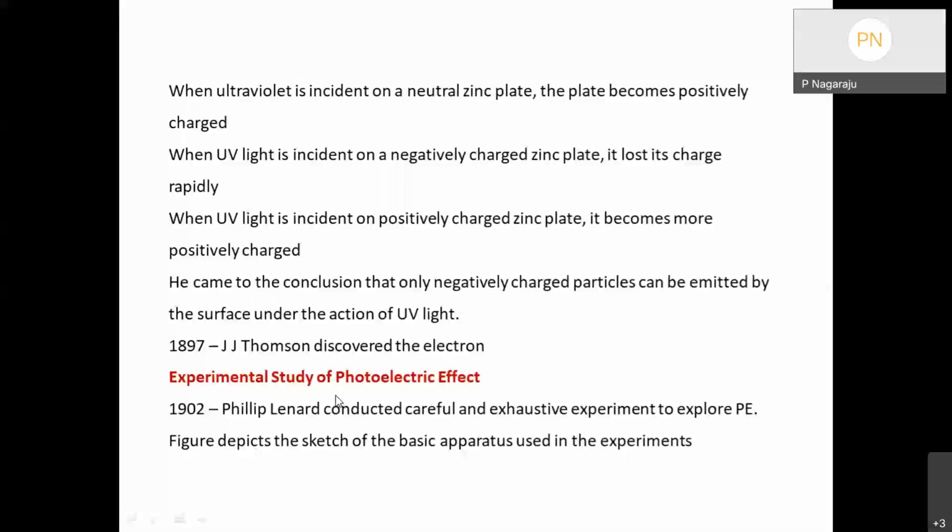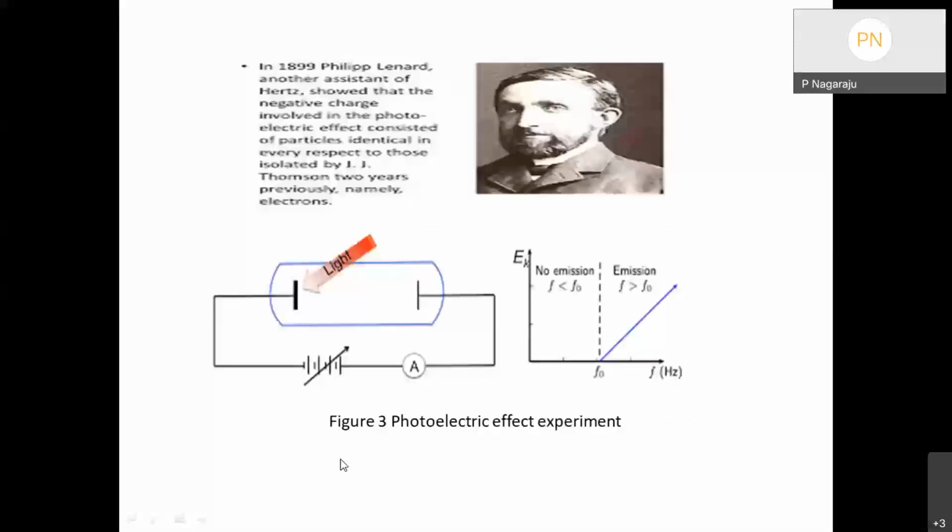And now let us come to the experimental study of the photoelectric effect. In the year 1902, Philip Lenard conducted the experiment on photoelectric effect. And this is the photo of Philip Lenard, and I am not going to explain who that Lenard is, but this is the experimental setup.